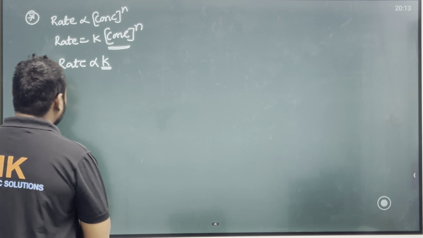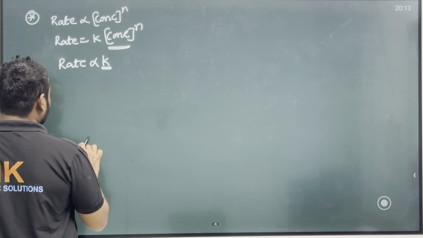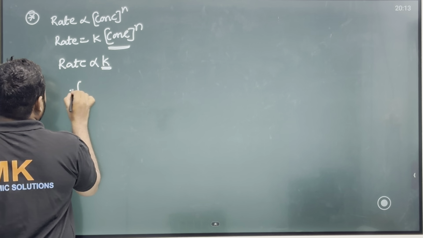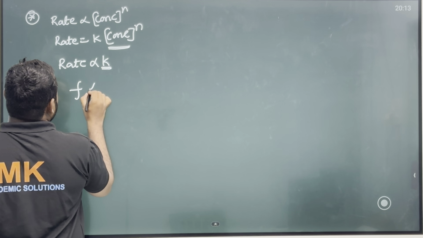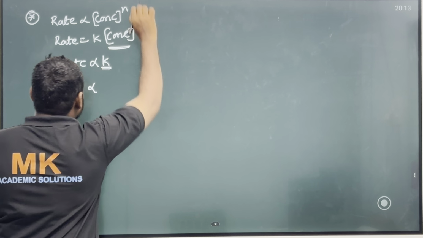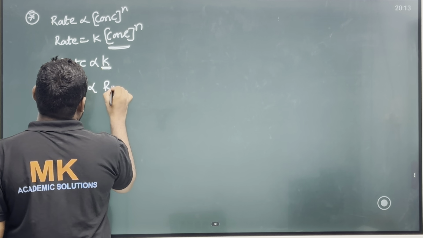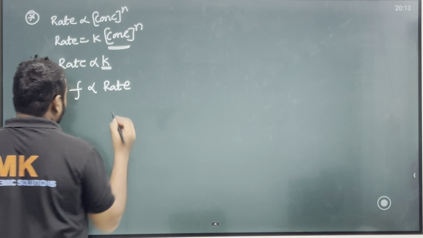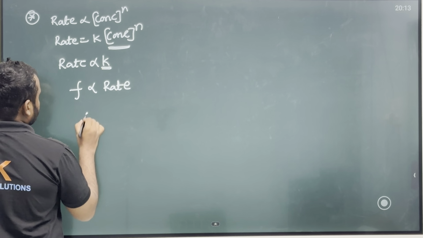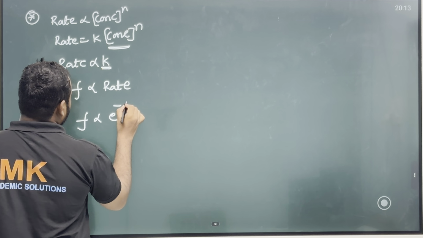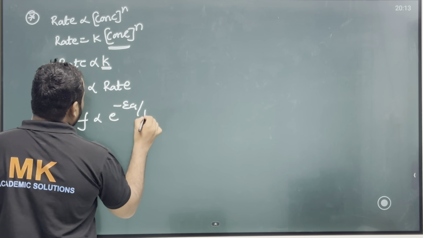According to the Arrhenius theory relation, we know K is directly proportional to the rate of reaction, and K is directly proportional to e to the power of minus Ea by RT.